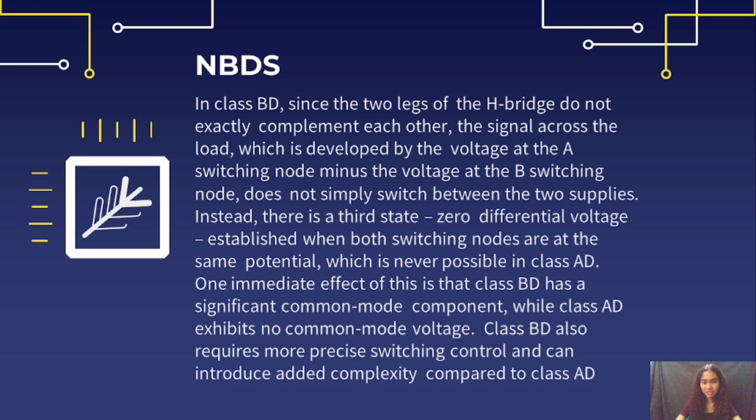Instead, there is a third state, the zero differential voltage, established when both switching nodes are at the same potential, which is never possible in class AB. One immediate effect of this is that class BD has a significant common mode component, while class AD exhibits no common mode voltage. Class BD also requires more precise switching control and can introduce added complexity compared to class AD.